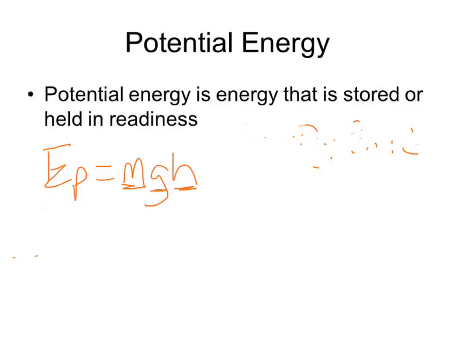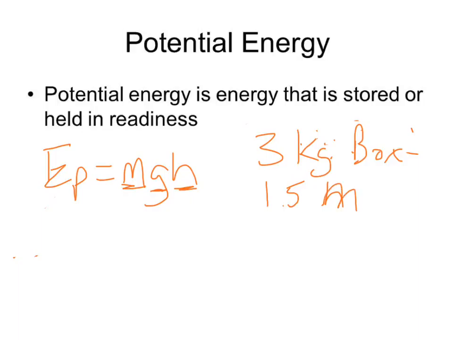Let's say, because I want to use just these constants, that we have a 3 kg box, it's being held up about 1.5 meters high. So that's our height, so oops, that should be a meter. And you're going to drop it off the table. What is the potential energy of this box?